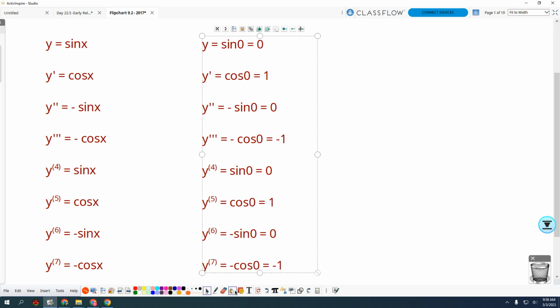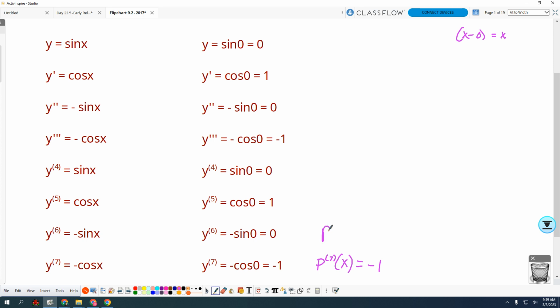So the 7th derivative of my function, I'm going to force that to be -1. This was centered at 0, so the term I'm going to integrate with is just x, because x minus 0 is just x.